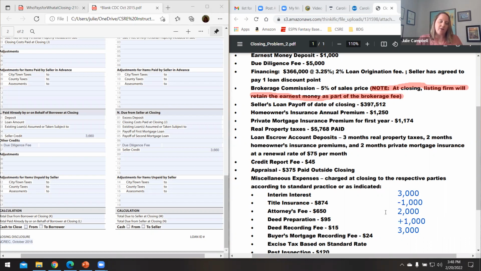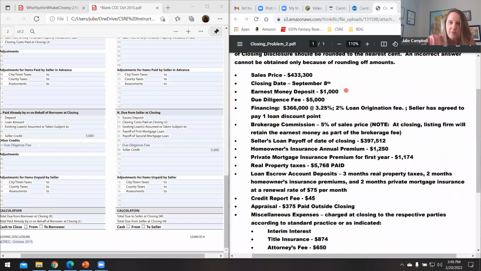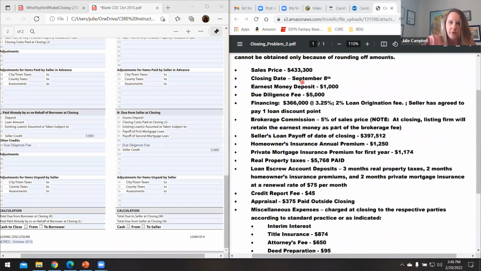So now what we need to talk about is how this shakes out on the settlement statement. So we know commission is 5% of the sales price. We come up a little bit, we see a sales price of $433,300.